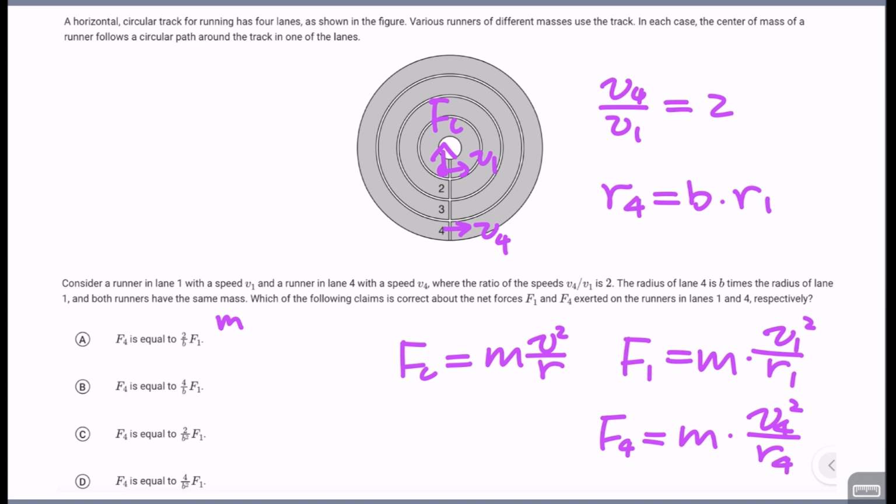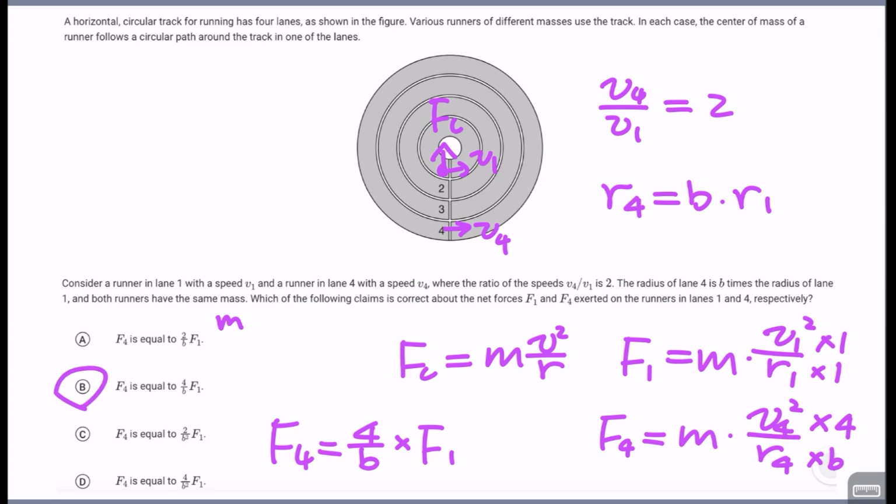Because v4 is 2 times v1, that means v4 squared is 4 times v1 squared, and r4 is B times r1. So in result, F4 would be 4 over B times F1. So B is the right answer.